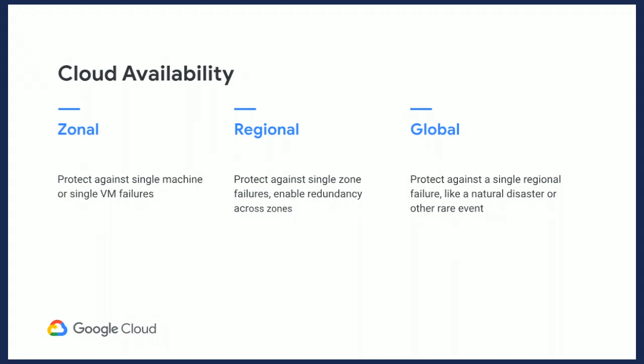This gives you added redundancy and hence more availability for your application. Now, in order to protect yourself against single region failures like natural disasters or other such rare events, you can replicate your application across multiple regions. So you can have a global deployment. The advantage of that is also that you'll have compute machines that are closer to the end user of the application, and so your end user will have a better user experience.